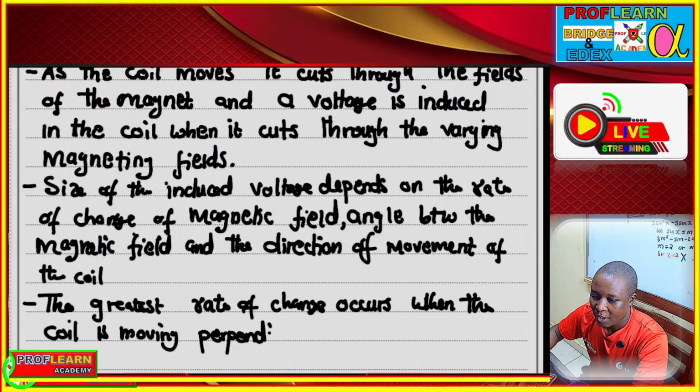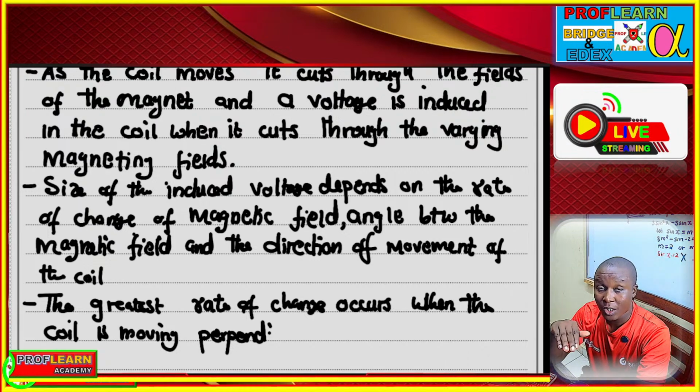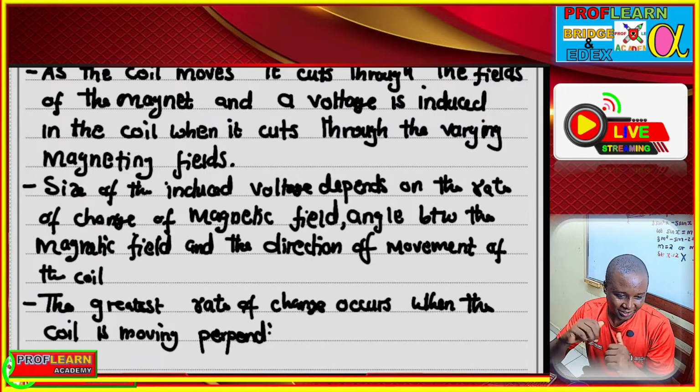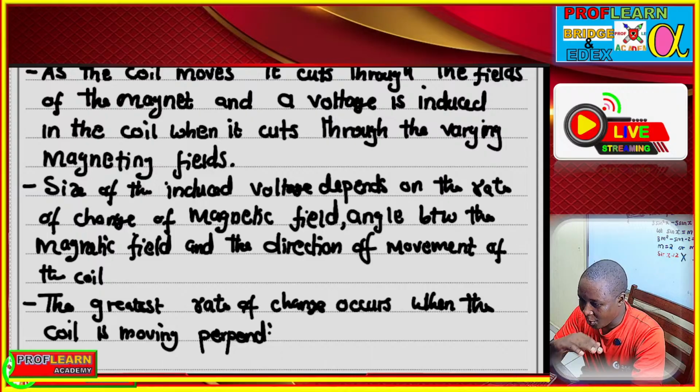We say, as the coil moves, it cuts through the fields of the permanent magnet, which means that an EMF is going to be induced.